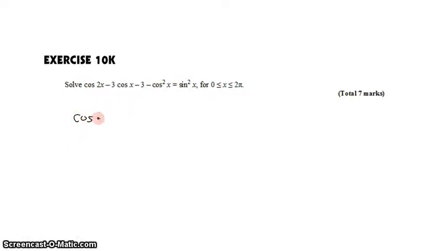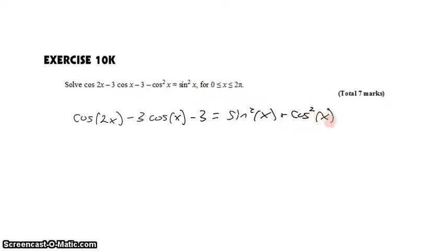That'll give me cosine of 2x take 3 cosine of x take 3, but now I'm going to add cosine squared of x to the other side and get sine squared of x plus cosine squared of x, which is Pythagorean theorem on the unit circle. That all cancels to 1. So on this side we have 1.